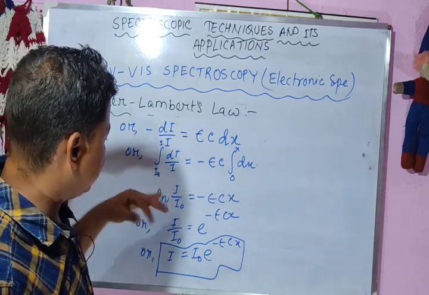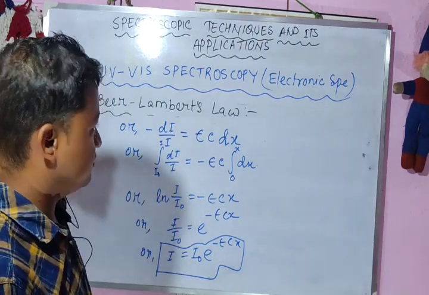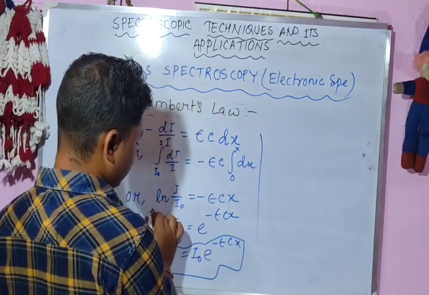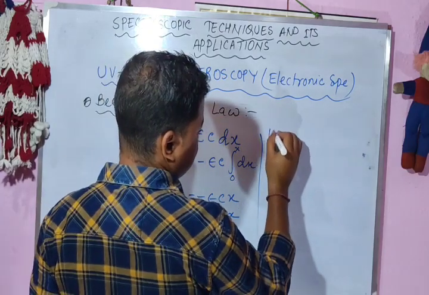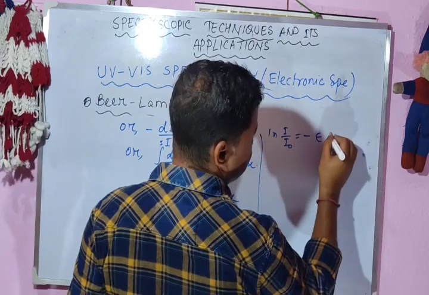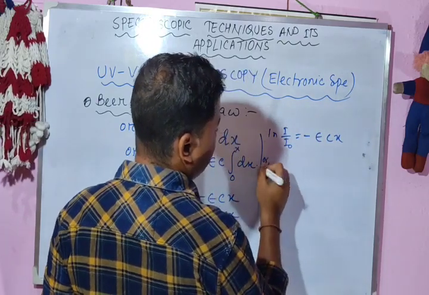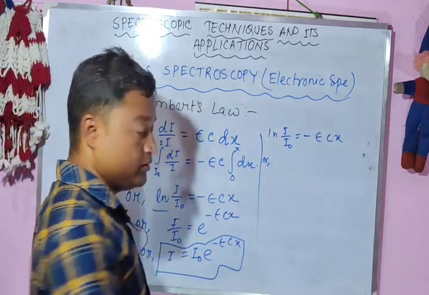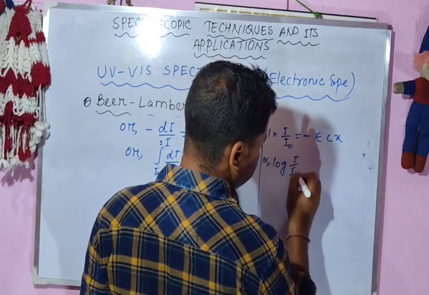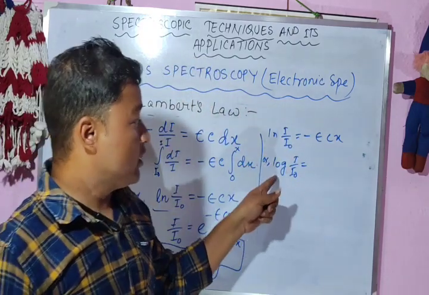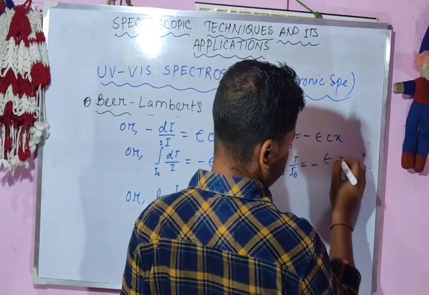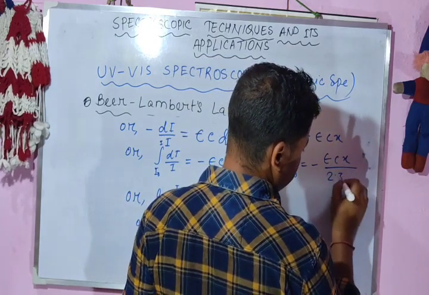If we convert ln into log, that is another mathematical form. From here, ln I by I0 equals minus epsilon Cx, or log I by I0 equals minus epsilon Cx divided by 2.303.